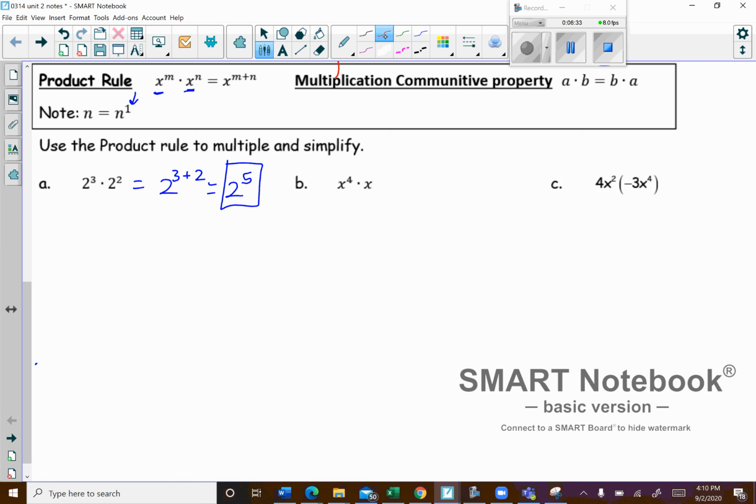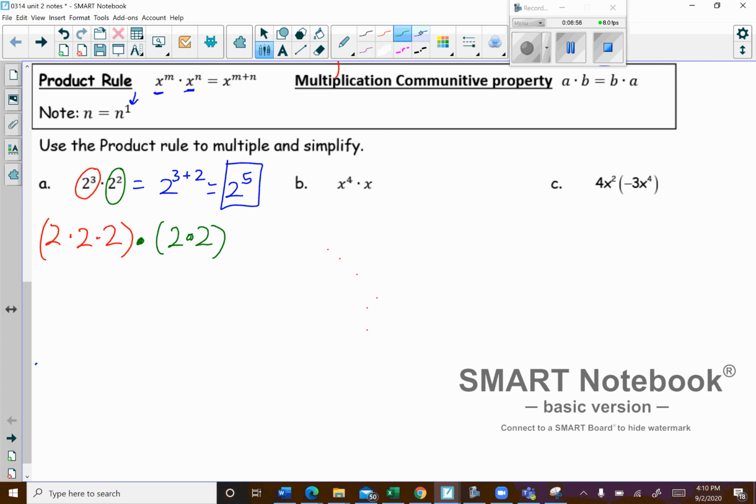The product rule is pretty simple, and the best way to memorize it is to actually understand it. What's going on here is 2 to the power of 3 is 2 times 2 times 2. Then you're multiplying that by 2 to the power of 2, which is 2 times 2.